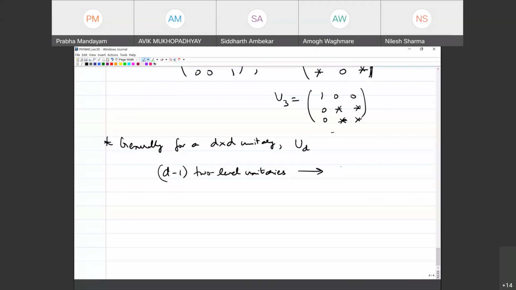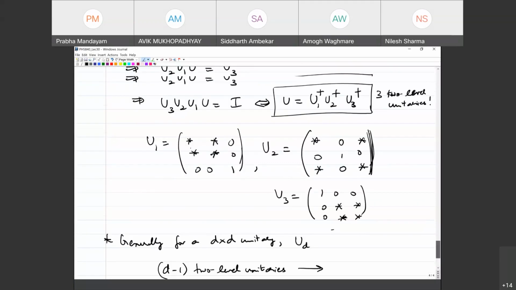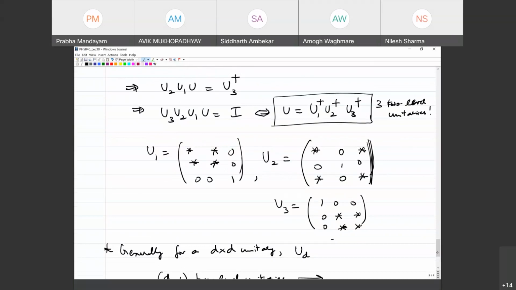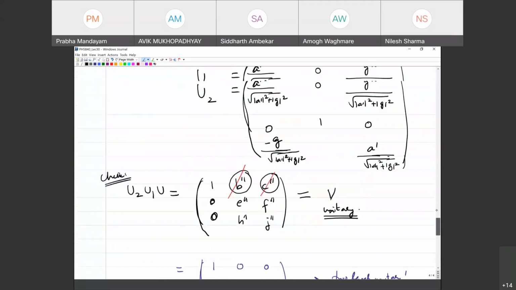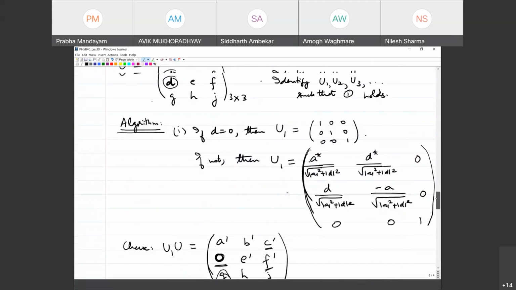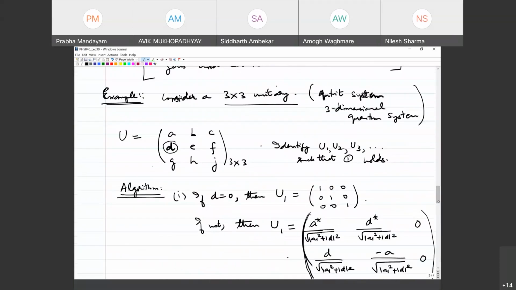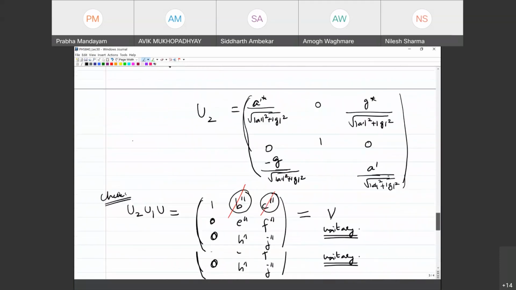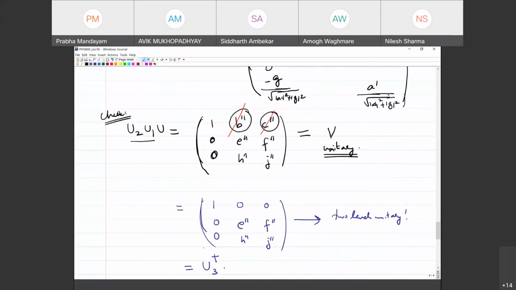So let's imagine that I do the same thing. I focus on the first row and the first column, right? Now, how many entries do I have in the first row? Here I had 2 entries, so I needed 2 unitaries first, U1 and U2, and then I landed up with this form.